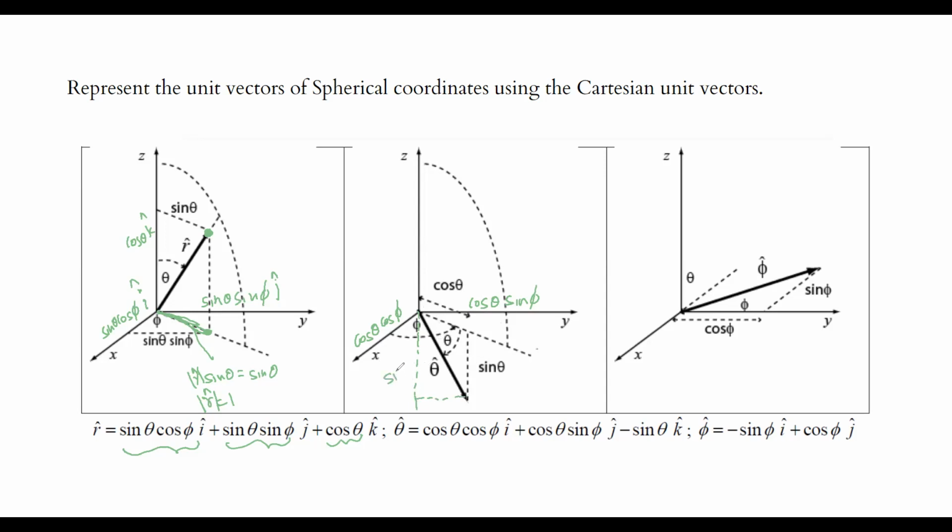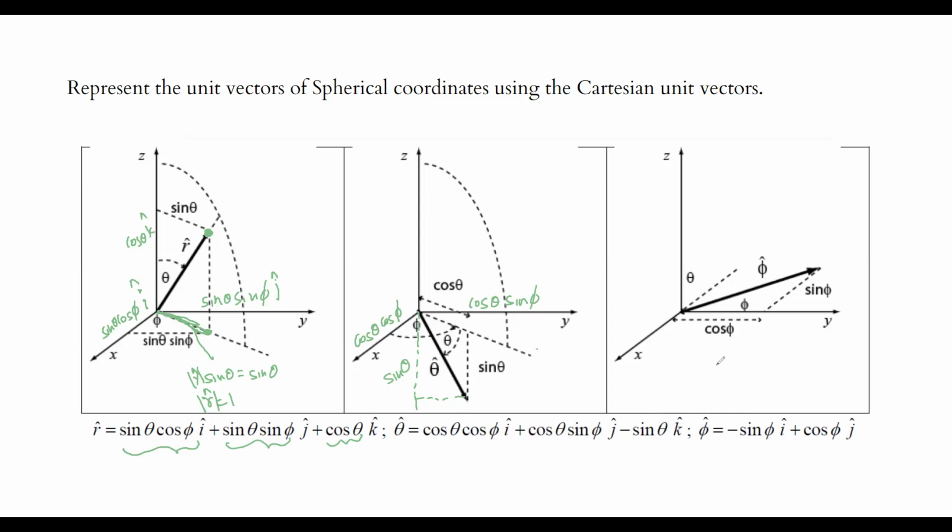So this length anyway will be sine theta. So by taking the combination along each of the axes, we define the theta hat as cos theta cos phi i hat, plus cos theta sine phi j hat, minus sine theta k hat. Right, so depending on how we define the theta angle, we define the theta hat vector like this.